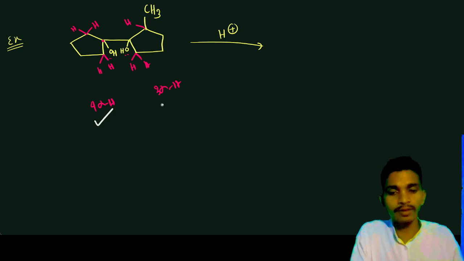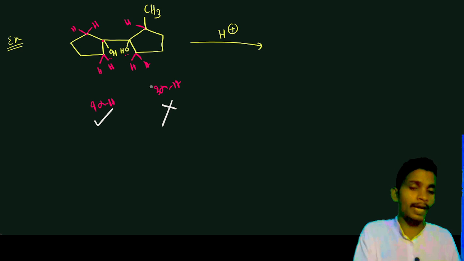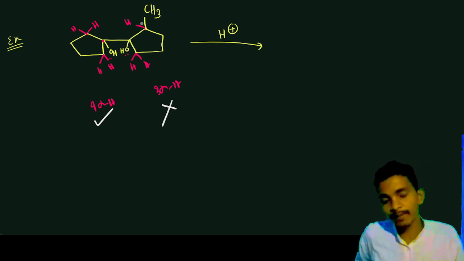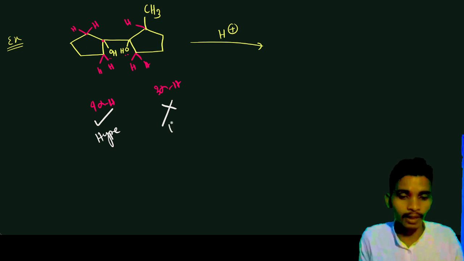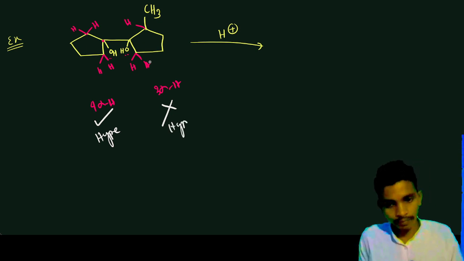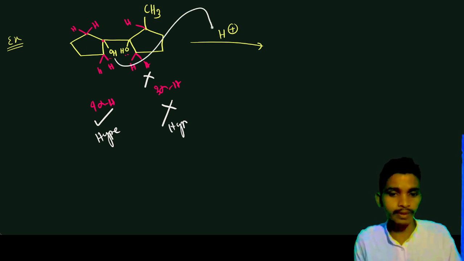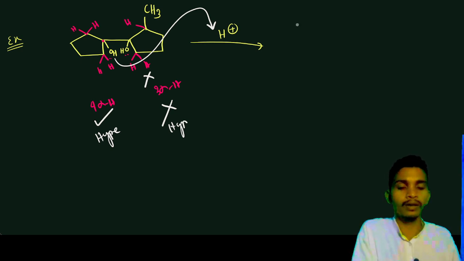Obviously this will not do, because hyperconjugation, although inductive effect is there, but hyperconjugation is more stabilizing than inductive effect. So here hyperconjugation is 4, and here hyperconjugation is 3. So this will not do, this will do the protonation. It means that this will do the protonation.